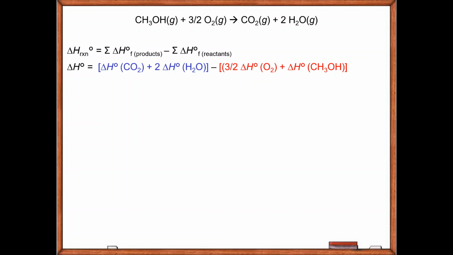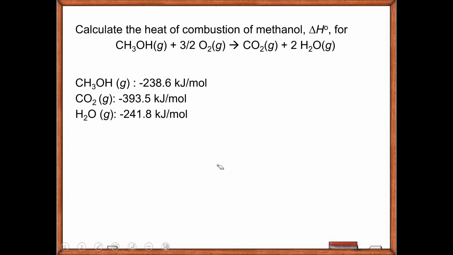On my product side, I have the delta H of CO2, and I just have one of them, so no need to write times 1, plus 2 times the delta H of water, and it's gaseous water, minus 3 halves delta H for oxygen, so I bring my 3 halves down, plus the delta H of methanol. If we go back to our values, you'll notice one value they didn't give us, oxygen.